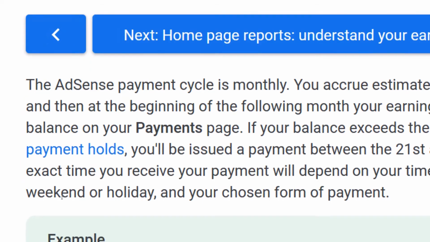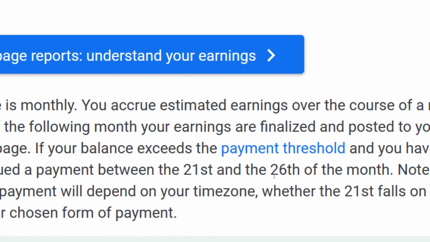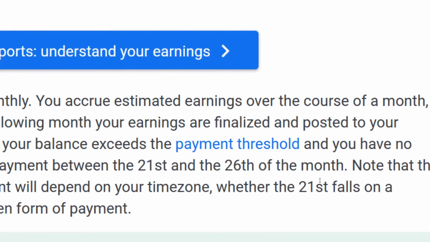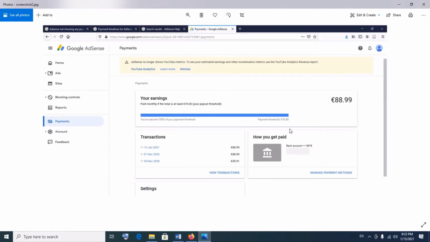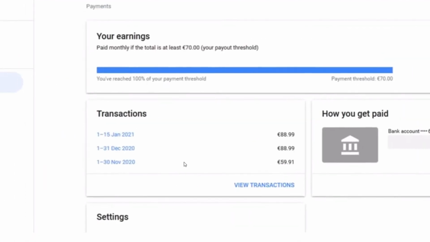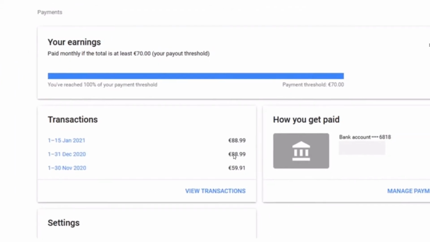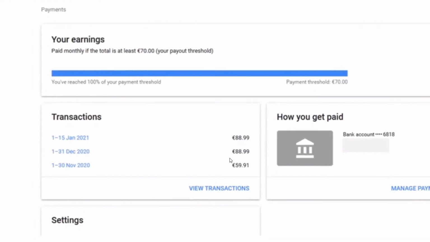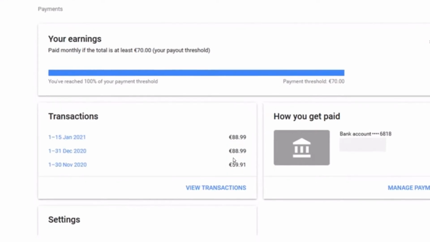Since I don't have any payment threshold, then you will be issued a payment between the 21st and the 26th of the month. Okay, of the month. So let me explain once again. On the 11th of January 2021, I received my earnings for the month of December, and my earnings for the month of December increased my balance, which was 59 point something, now to 88 point something.